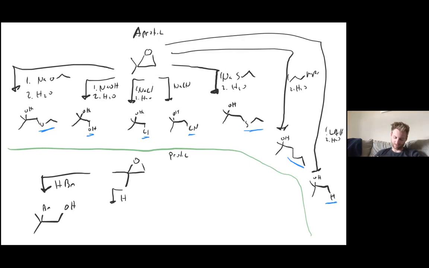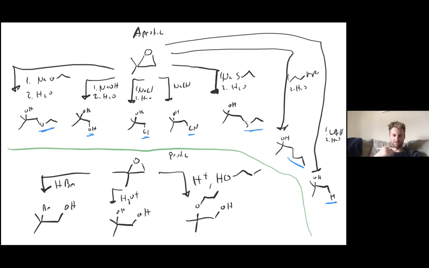H3O plus isn't really going to give us a different answer than NaOH. I guess we're just adding diols. But if you make it into an ether or a thioether, so let's do the ether, we'll be adding to this more substituted position.